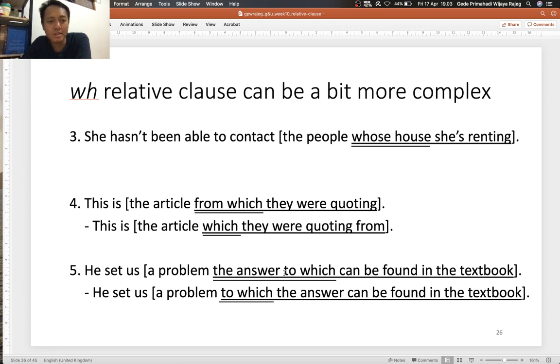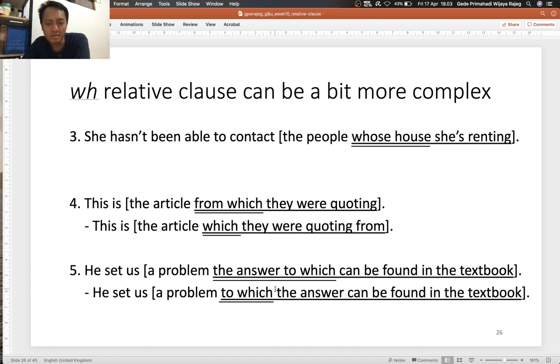But in numbers 4 and 5, you can have the simpler version, such as this is the article which they were quoting from. So the preposition is stranded after the verb. And which here refers to the article. And number 5, the simpler version is that he set us a problem to which the answer can be found in the textbook.